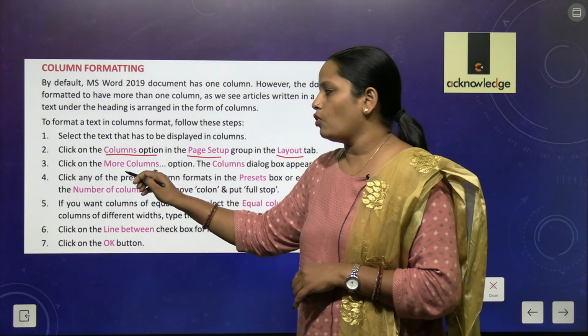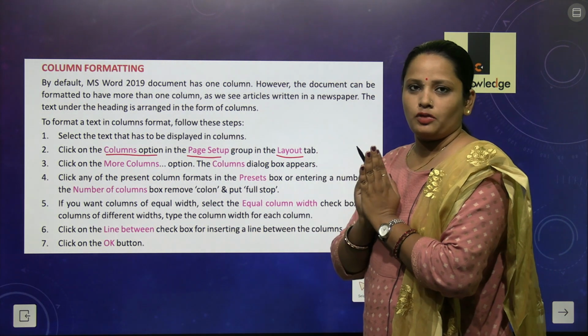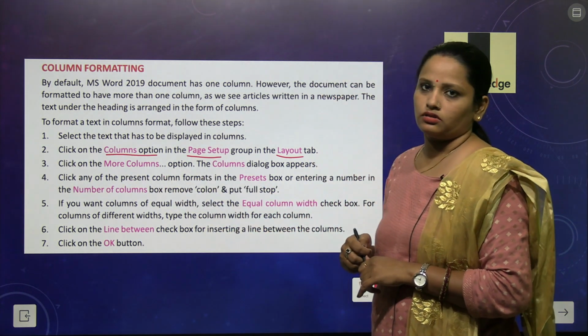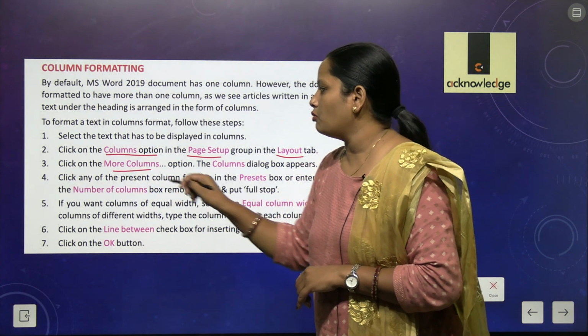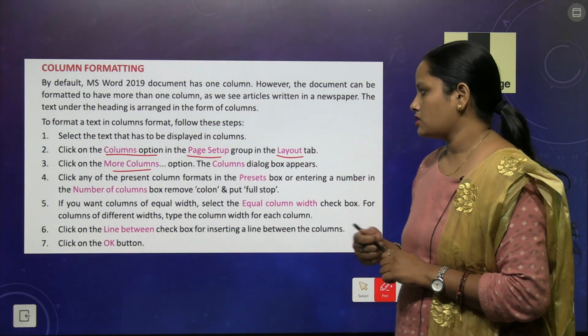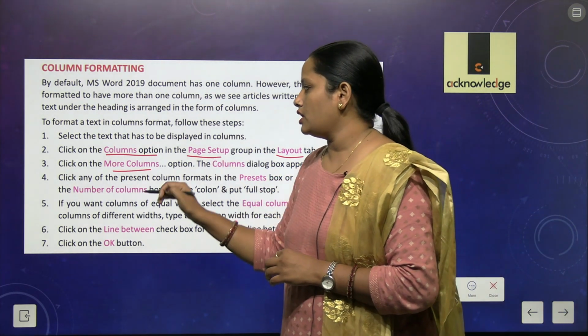There we can see many column presets, but at the last we can see the More Columns option. So we have to click on the More Columns option in the Columns dialog box. After clicking on this, a box will open, and in that box it will be written Presets.